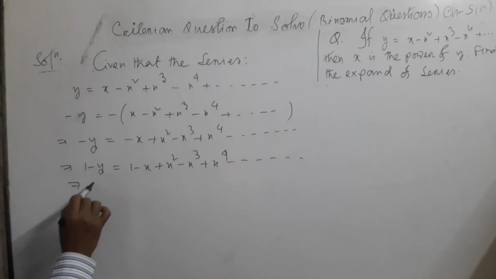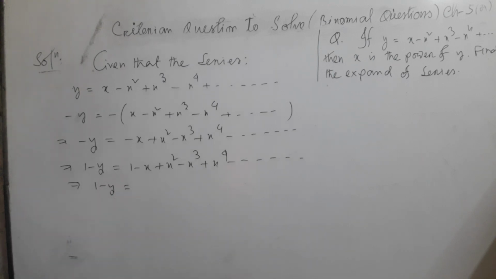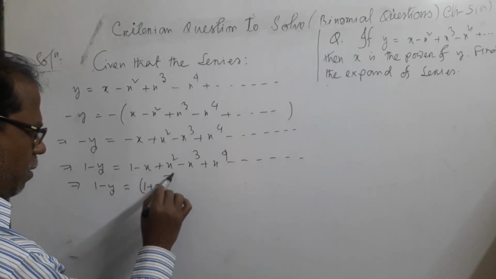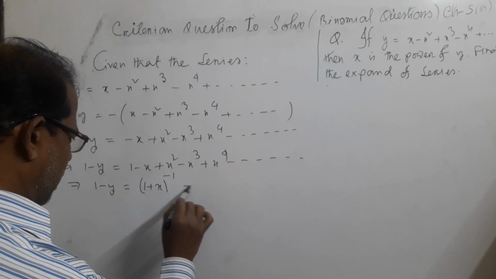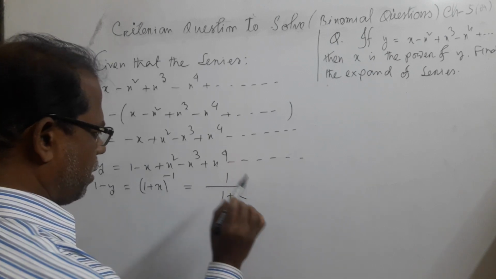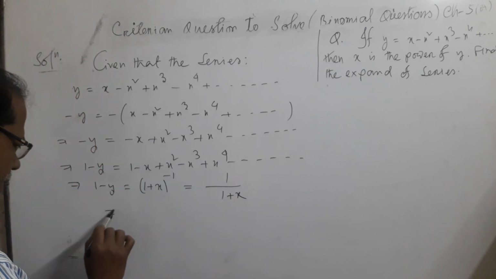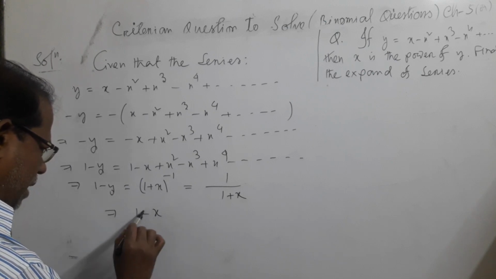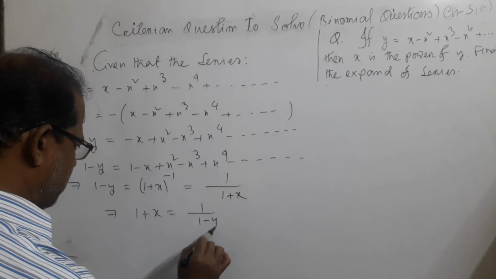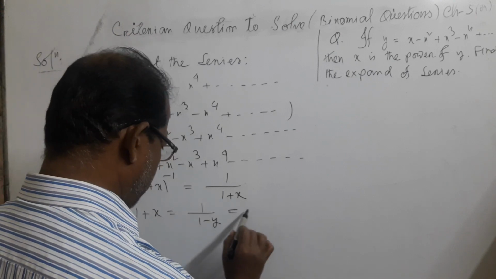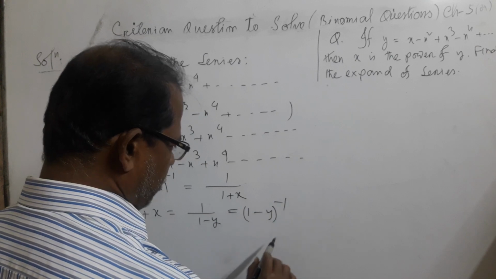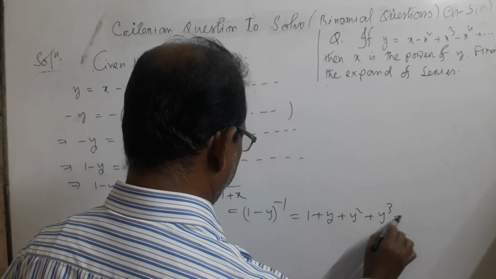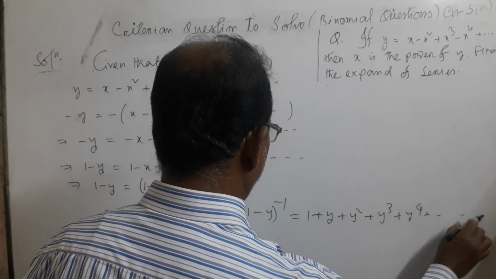That is the formula for 1 plus x whole to the power minus 1, that is 1 divided by 1 plus x. So 1 plus x equal to 1 by 1 minus y, and that is 1 minus y whole to the power minus 1, which is 1 plus y plus y square plus y cube plus y to the power 4 plus dot infinity.